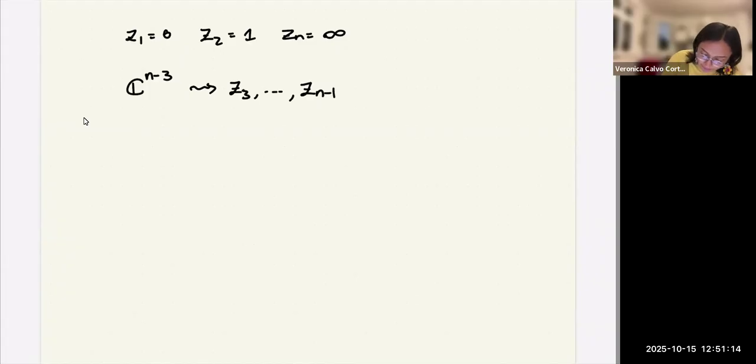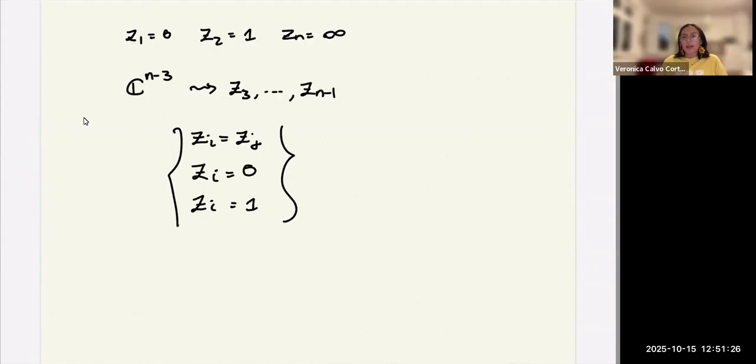And then your hyperplanes are going to be where they're equal to each other, or where they're equal to 0, or where they're equal to 1. And then you take the complement of that, that will give you M0n.